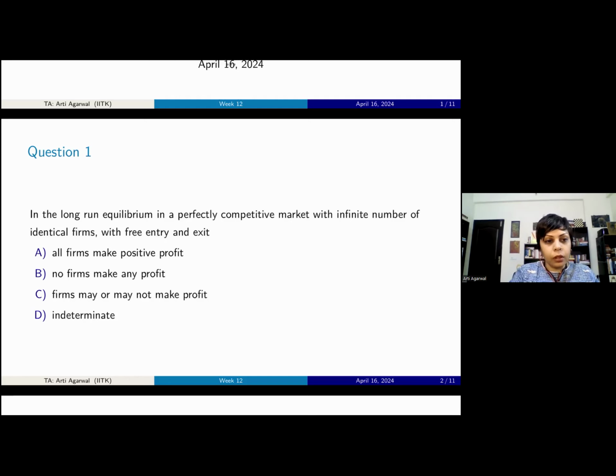Okay, so let's come down to some basic idea of what is long run equilibrium in a perfectly competitive market. This is a simple MCQ question. So what do you guys think will be the answer here?